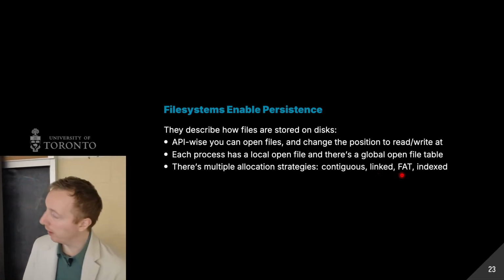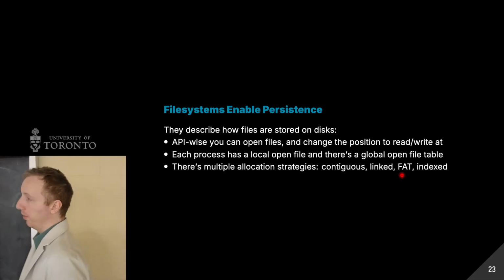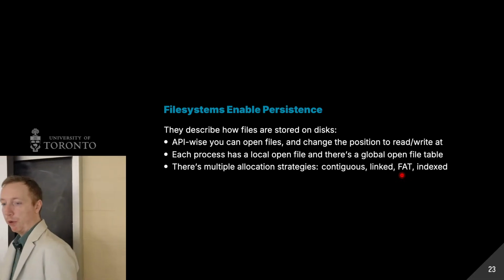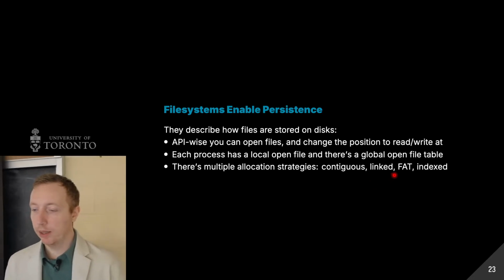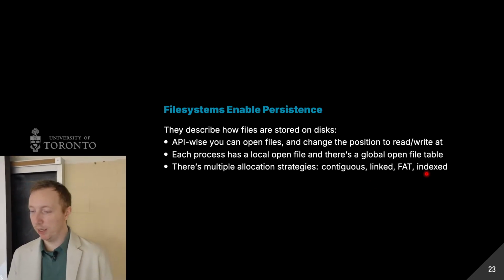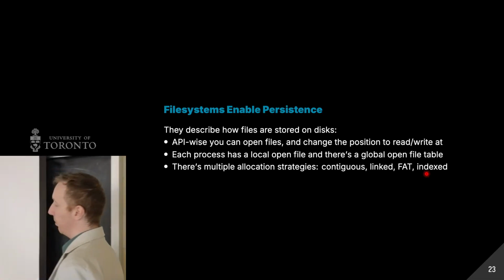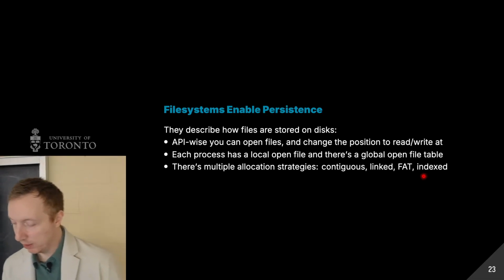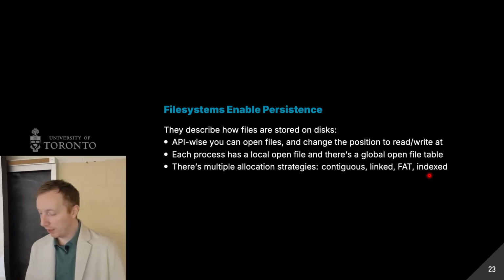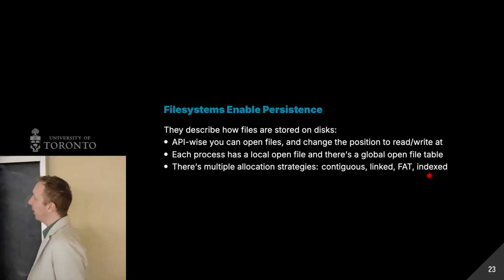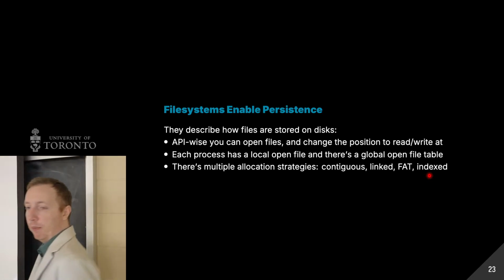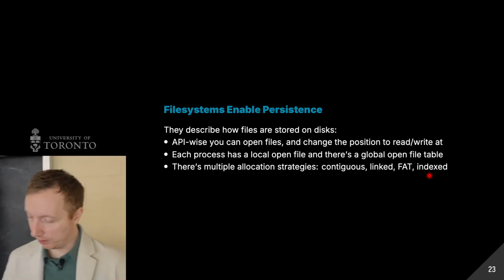FAT, file allocation table, was still that linked list idea; we just moved all the next pointers onto the same block. And then we smartened up and did indexed allocation, where we used an array instead, so we had way, way, way faster random access. But right now, this indexed allocation is a bit limited. Our file size isn't that great, but we will improve that in the next lecture.